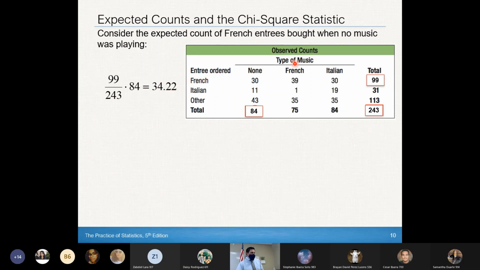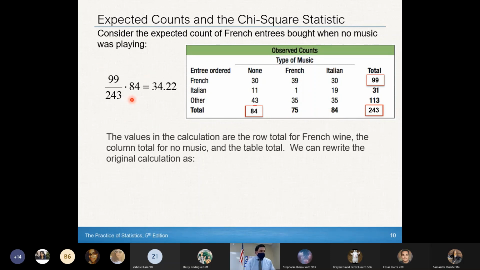So we take the row total for French, the column total for no music, and the total size of the sample, the table total.